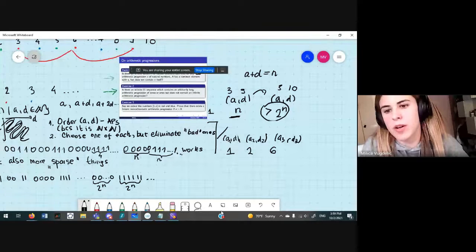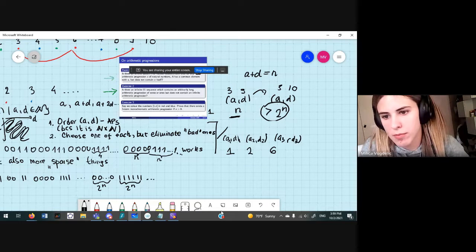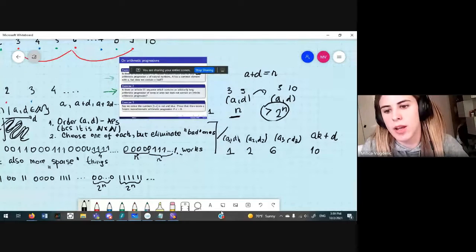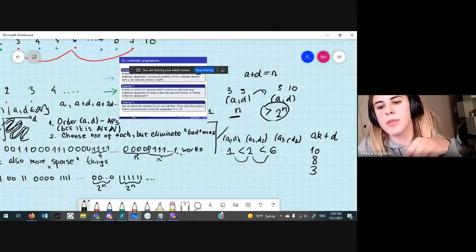And we want our next number to be of the form AK plus D for some fixed A and D. We wouldn't want to choose some low number which satisfies this, like 3, because then we would have an arithmetic progression.